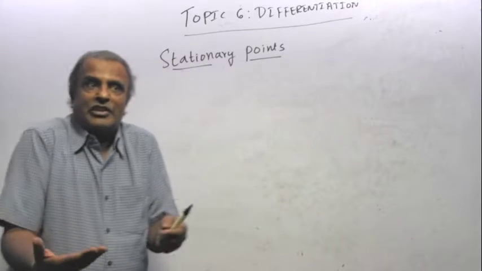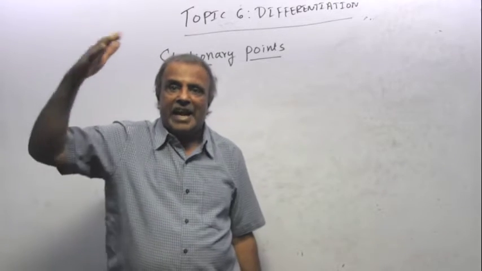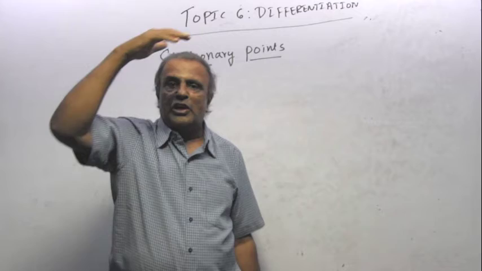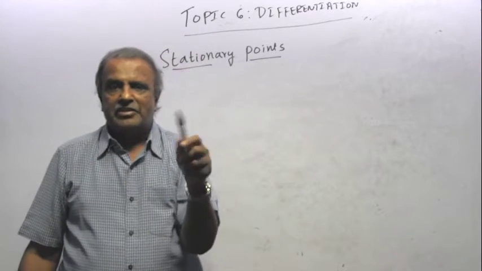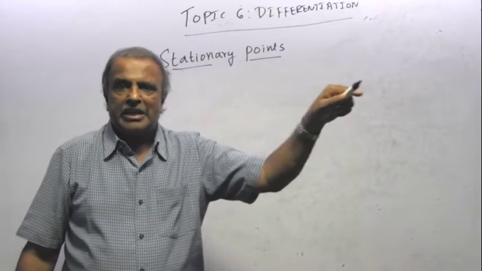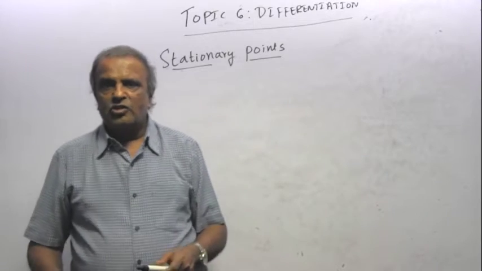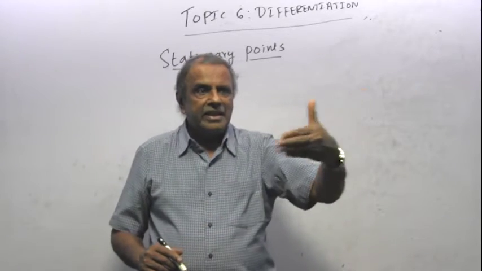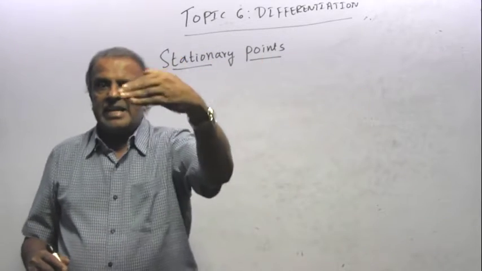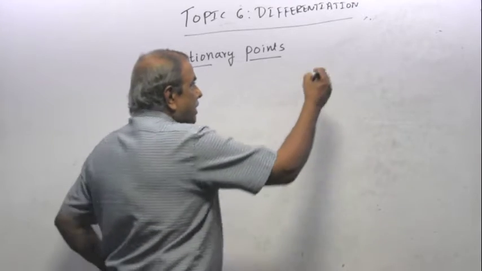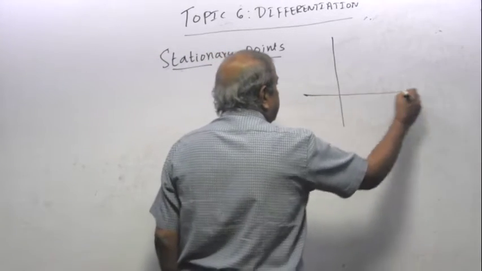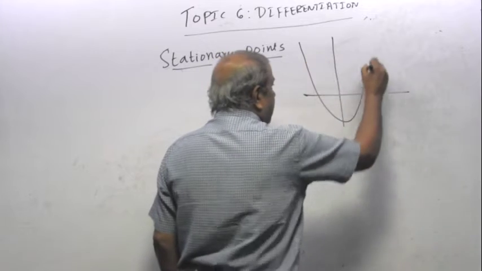So the concept of stationary means the gradient becomes 0. If the gradient is 0, a line with gradient 0 is a line parallel to the x-axis. So at a stationary point, the tangent is parallel to the x-axis. So let's look at this curve. Suppose I have a curve like this.